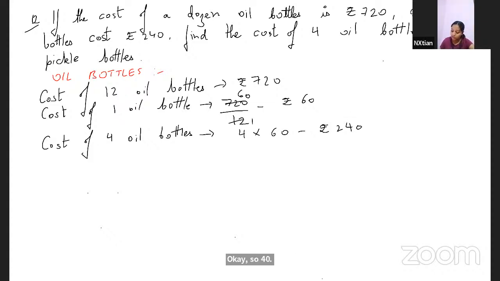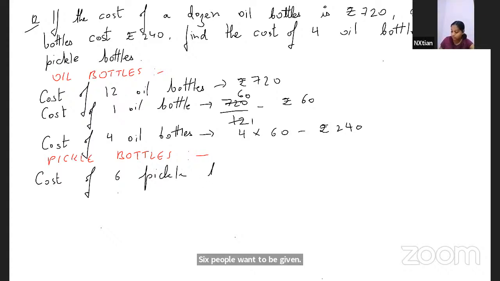Next we have pickle bottles. Cost of 6 pickle bottles were given, 240.